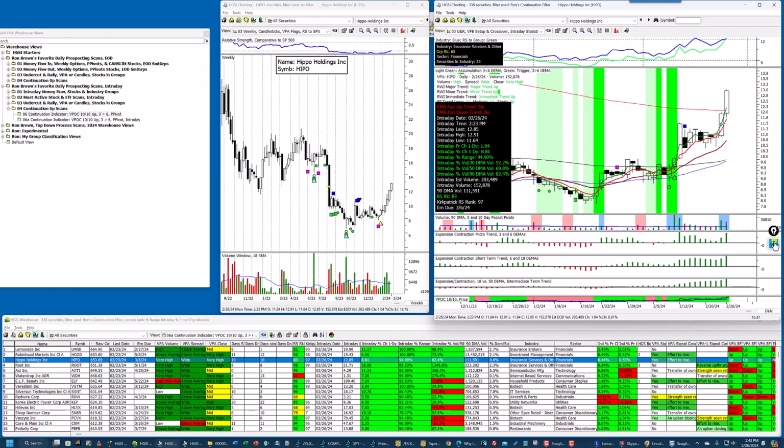And once again, 3 across the 6 where these green bars are. 2-day window. Volume pocket pivot. Volume pocket pivot. 3 across the 6 back here. VPOC is positive clear back here. So that's my continuation scan, both for end of day and intraday.